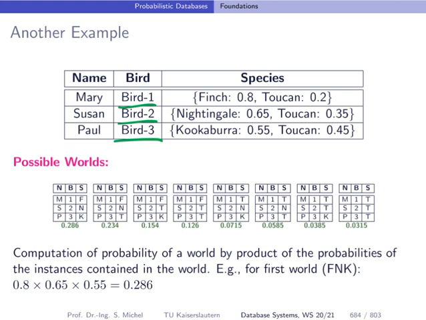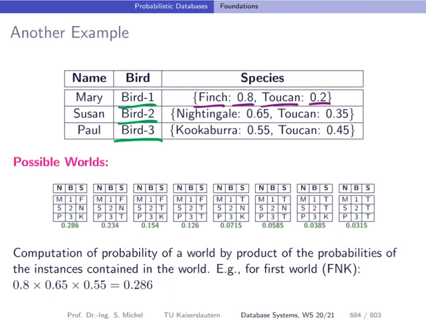However, none of them is really certain about the species of the bird Mary, Susan, or Paul was seeing. So here we have Mary indicating that she saw a finch, and she gives a probability of 80% that this was indeed a finch, and she specifies 0.2 for the probability of seeing a toucan. Of course, they look really different. Perhaps she has no clue about birds, but anyway, that's an example.